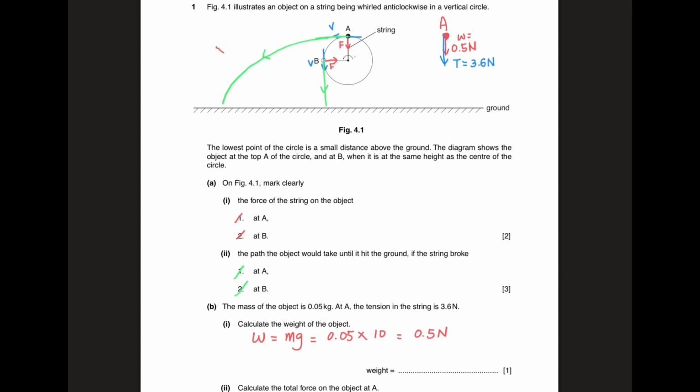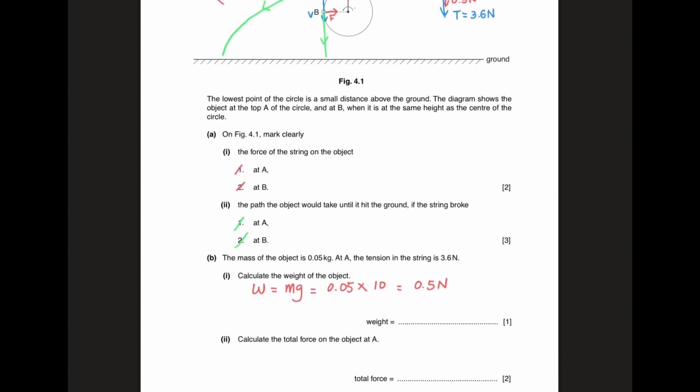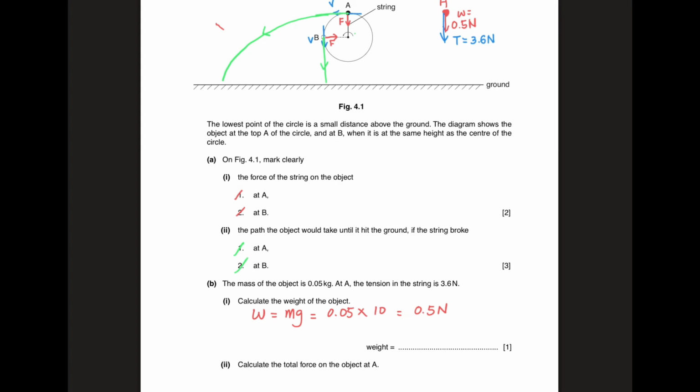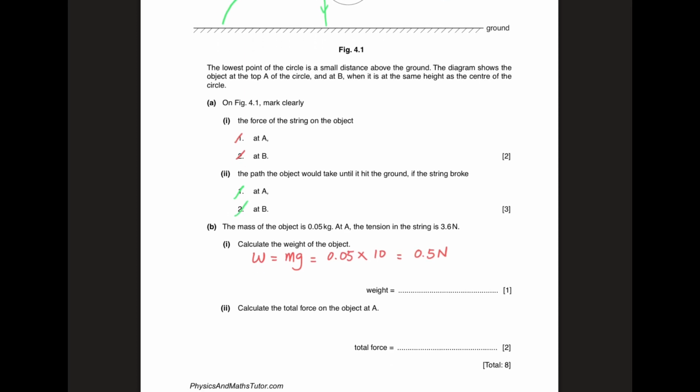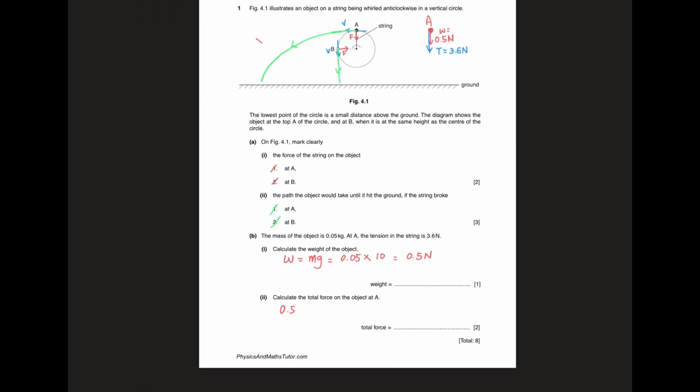3.6 Newton. Since the two forces are acting downward, to find the total force, we just add them up. If they are in opposite direction, we minus, if they are in the same direction, we just plus. So for this case, we plus to get the total force.